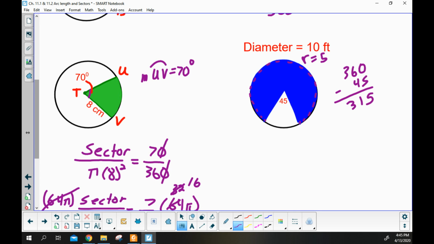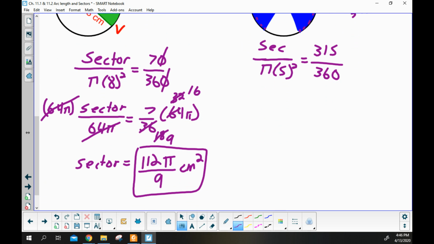I can now find my sector. I'm going to change just to S or SEC over pi times 5 squared equals 315 over 360. Well, that's my sector over 25 pi equals 315 over 360.